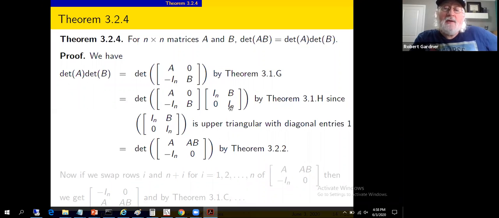Below that diagonal, we've got zeros in this part and this part too, because these two matrices are identity matrices. So this is a partition of an upper triangular matrix. Theorem 3.1.h said you take a matrix, multiply it by an upper or lower triangular matrix, and it doesn't change the determinants.